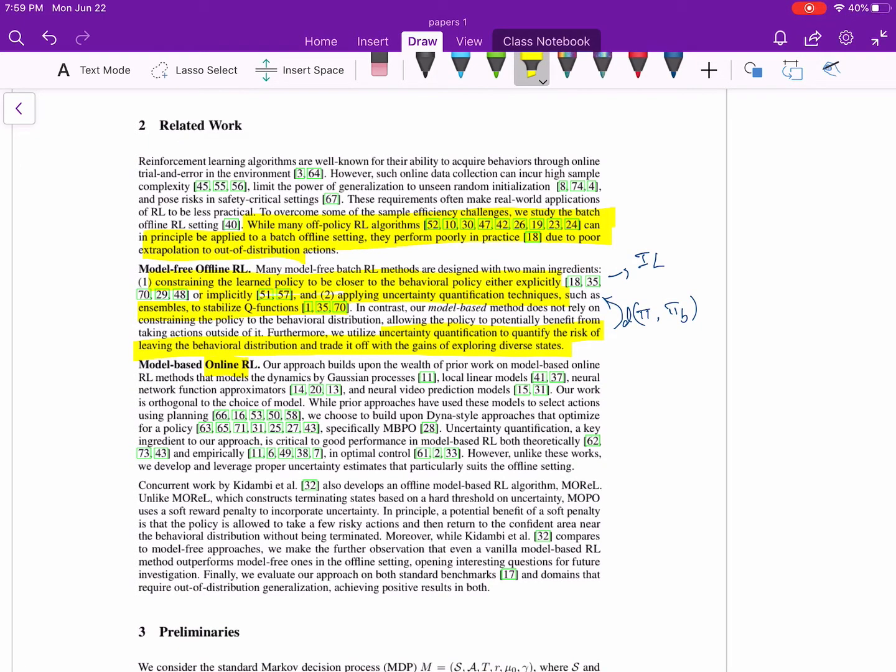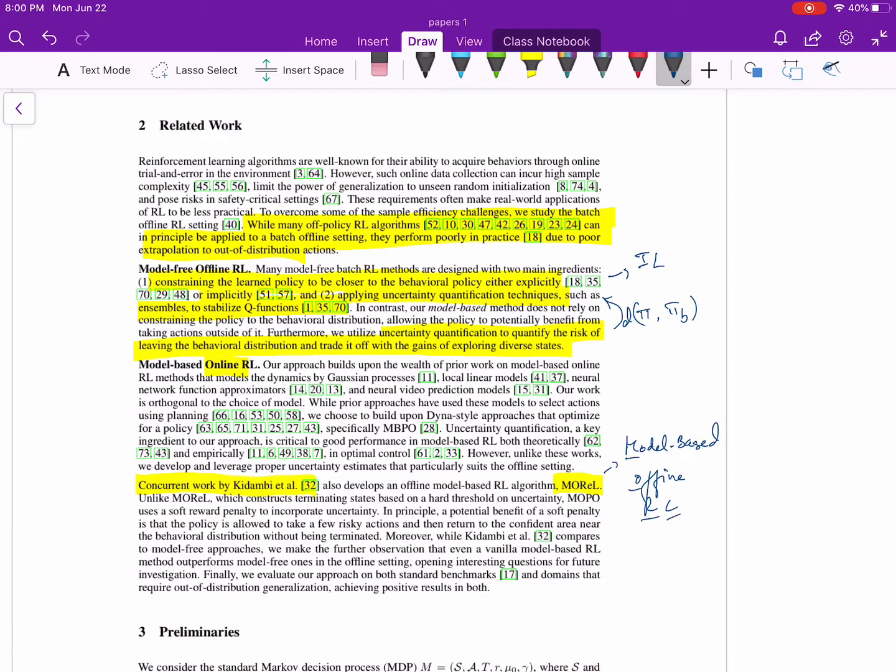Okay, so here there is a concurrent work by Kidambi et al., which we can look at. If I make the video, I'll just put a link to this, so you can view that paper description. So their algorithm is called, maybe, model based offline reinforcement learning, I think so, maybe this is the acronym here.